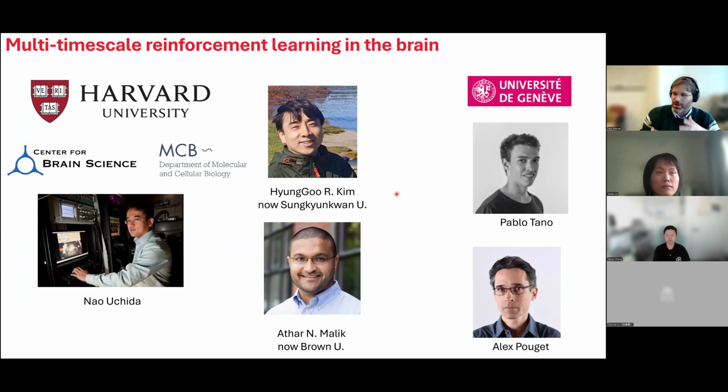And so today we're going to go through an example of this idea of widening the reinforcement learning framework to understand the diversity of dopamine neurons. This was work done as part of my postdoc at Harvard in the lab of Naoshige Uchida. It was a collaboration with experimentalist Hyun-Woo Kim, who now has his lab in Korea, and Athar Malik, who now has his lab and is a physician scientist at Brown University.